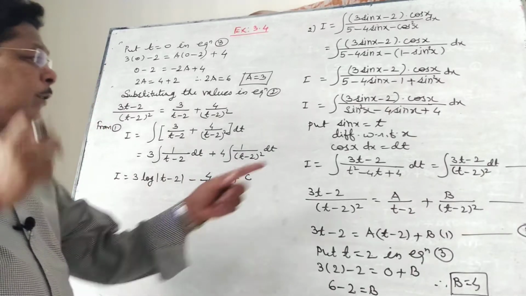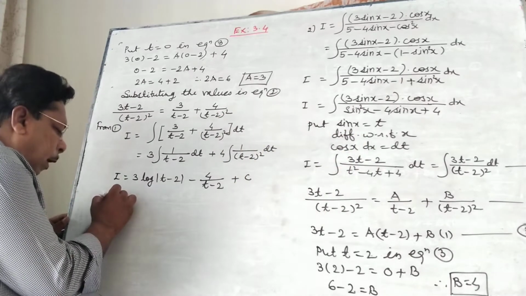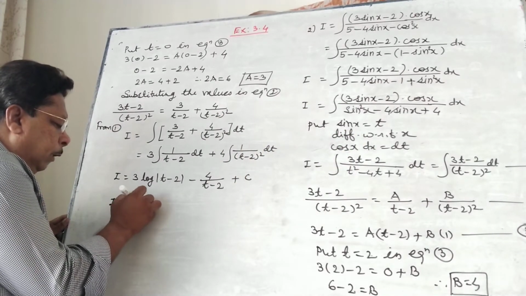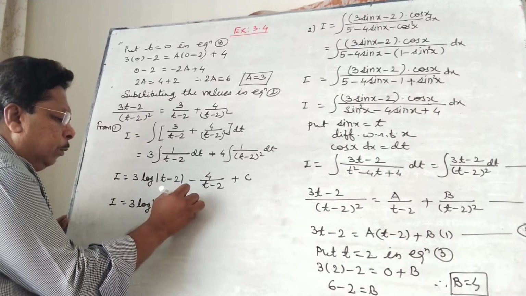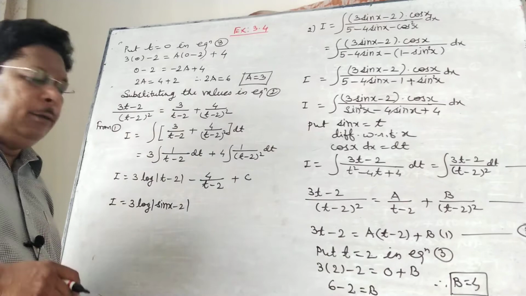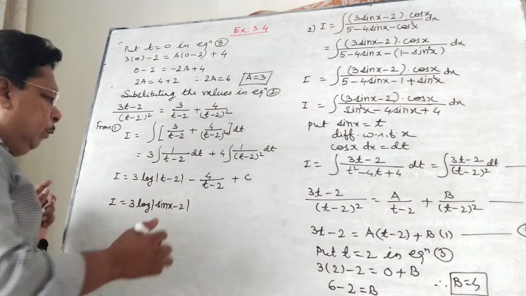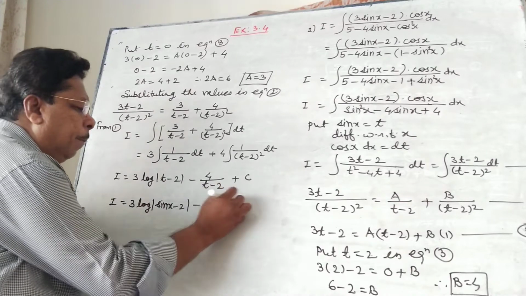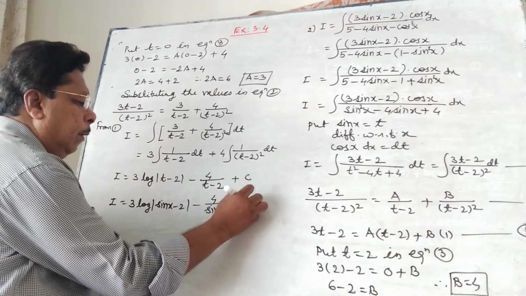And at last put t equal to sin x. So I is equal to 3 log (sin x minus 2), you can use modulus or without modulus, the choice is yours, minus 4 upon (sin x minus 2) plus c.